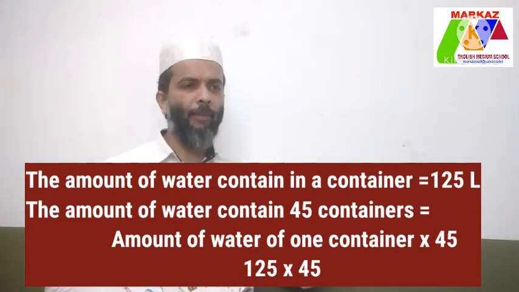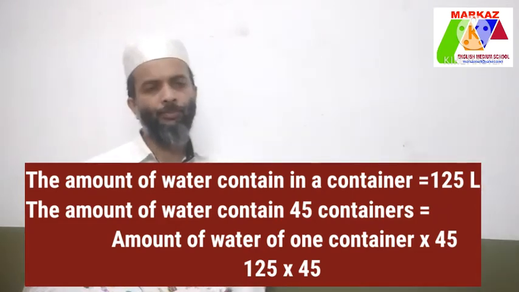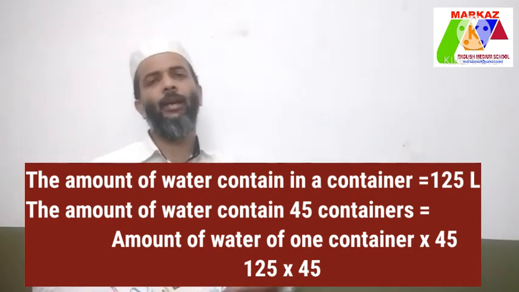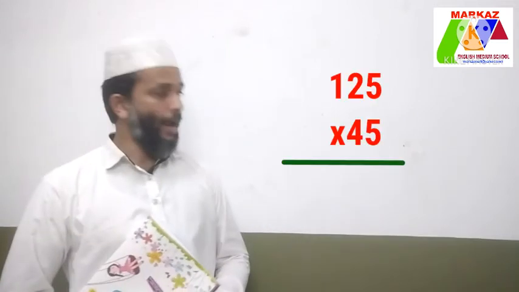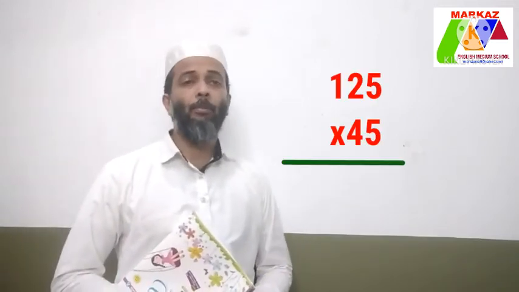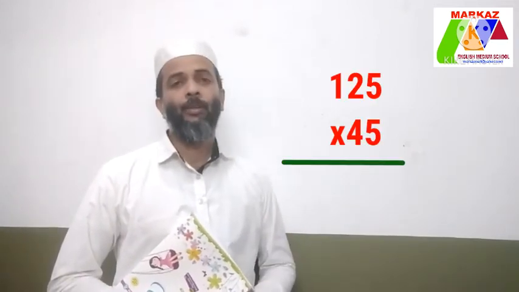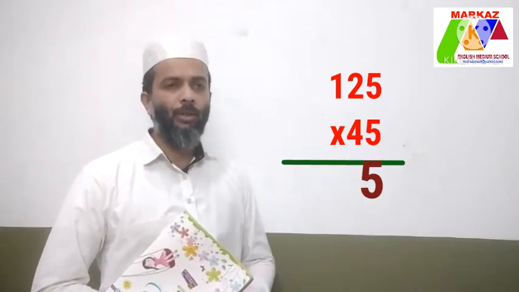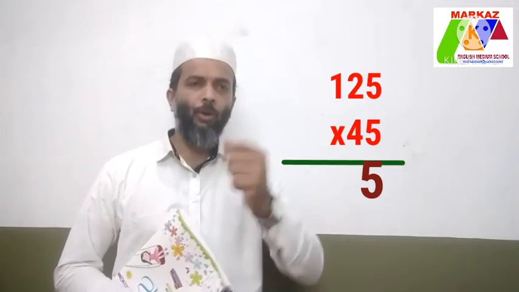So rewrite the numbers in your working column vertically, 125 then 45. Draw the answer line and put the symbol of multiplication. Let's start. 5 into 5 is equal to 25.